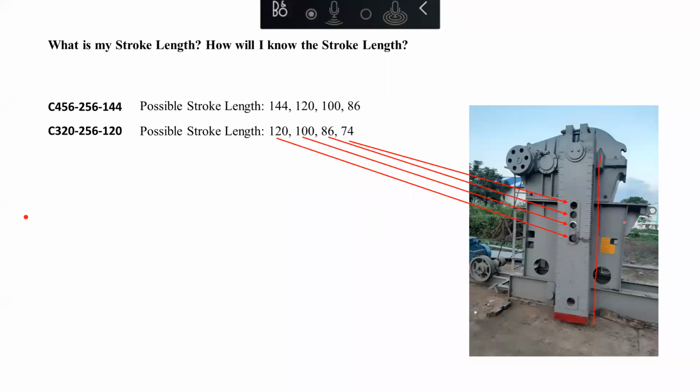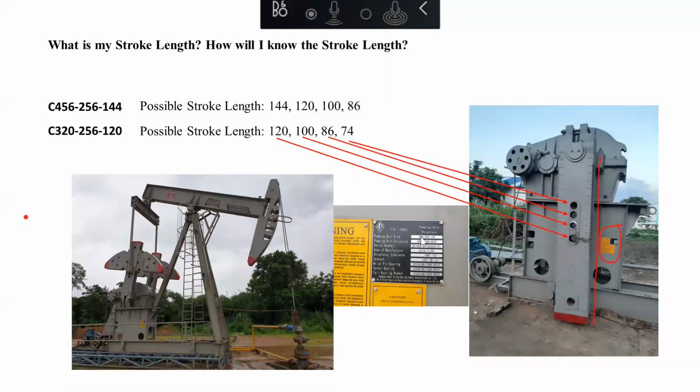You see some poster here. From here you will be able to know your unit size. After noticing that, your highest stroke length will be this. If it's 320, 256 and 120, the bottom hole is your highest stroke length.